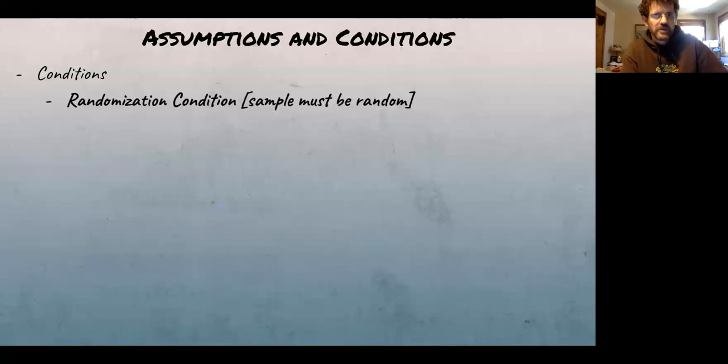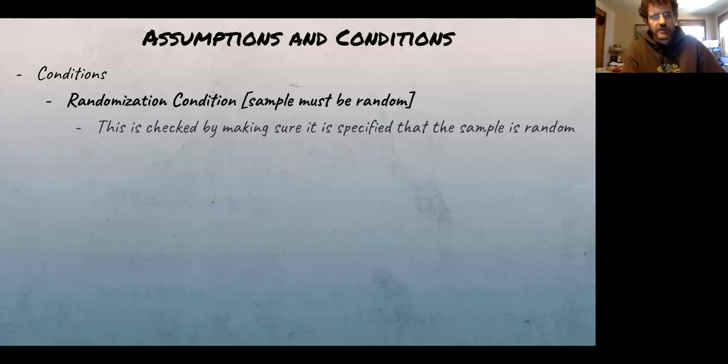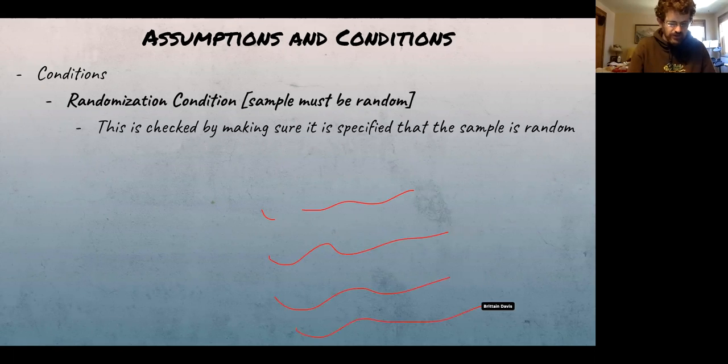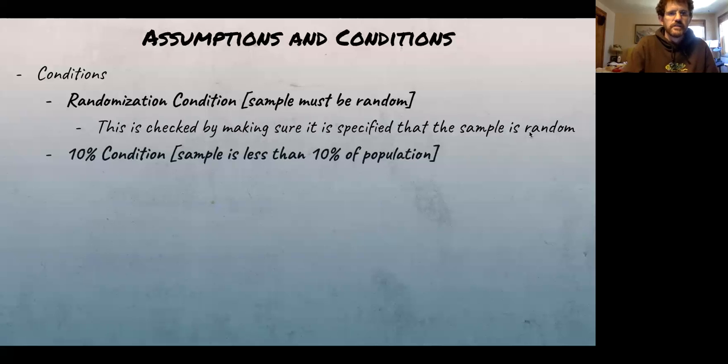And the conditions. Some of these seem like repeats, but the randomization condition: the sample must be random. And oftentimes, if they give you a prompt and you have all this writing, somewhere in there, you're going to see the words random sample. So if you see that, you can say, okay, it was random, we're good, check. 10% condition.